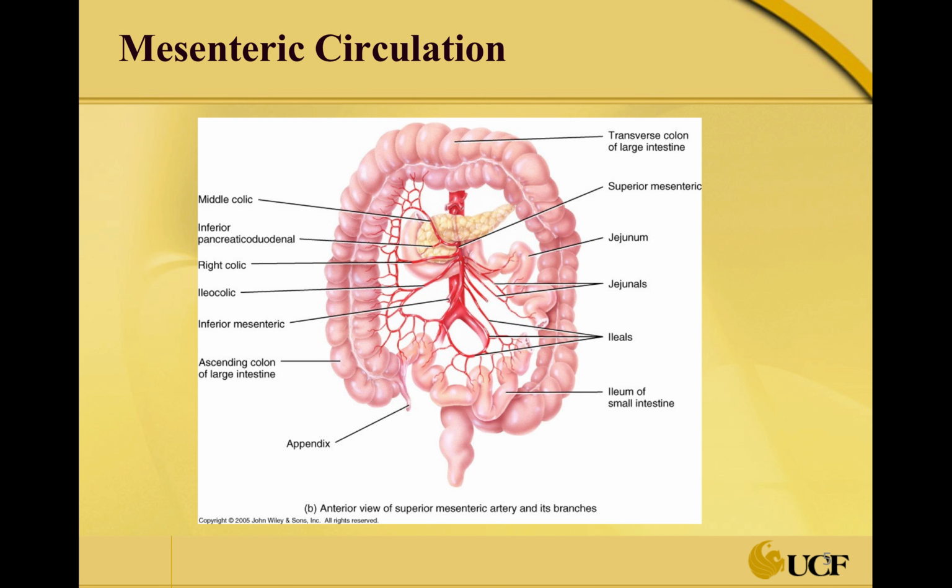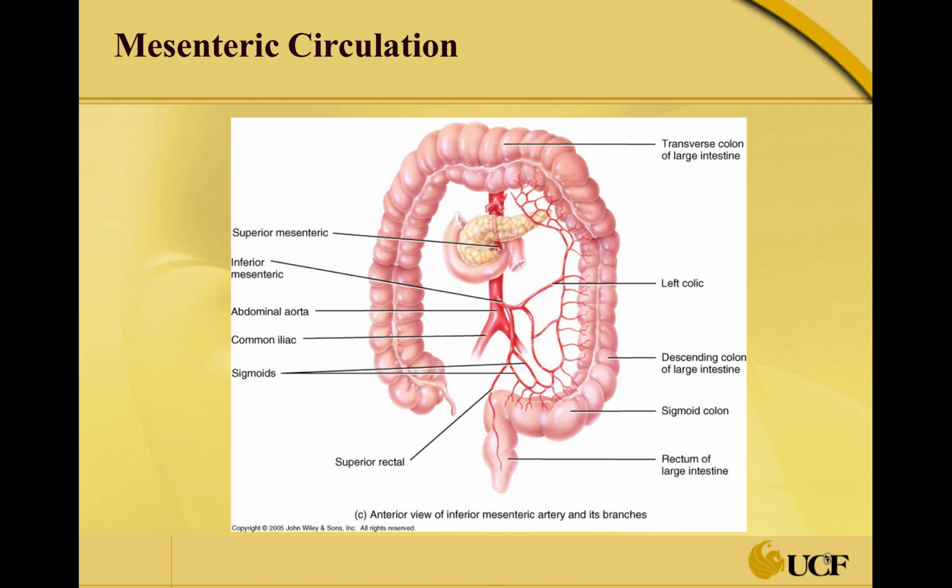We also see the superior mesenteric artery on the left side irrigating the jejunum, the jejunal and the ileal arteries, and we see that little loop of the ileals, which are part of the superior mesenteric artery branches, and how they vascularize the ileum of the small intestine.